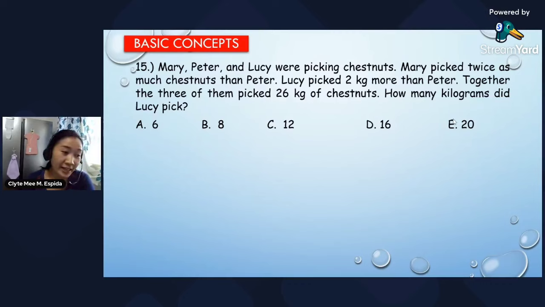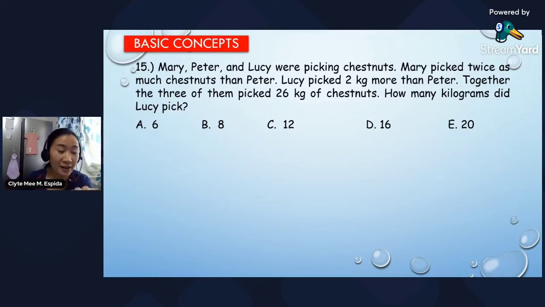So, pwede tayo mag-trial and error. Let's say 6. Kung si Lucy 6, so ilan yung napulot ni Peter? So, kung 6 yung napulot ni Lucy, ibig sabihin, 4 si Peter.